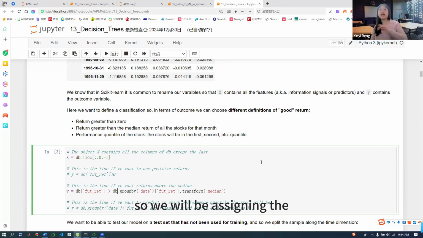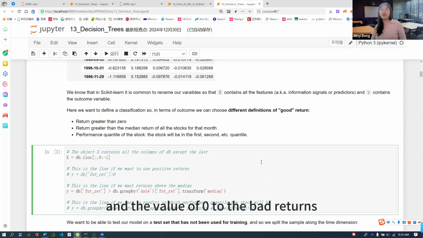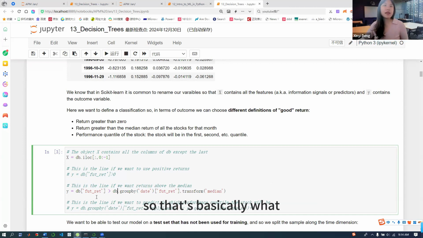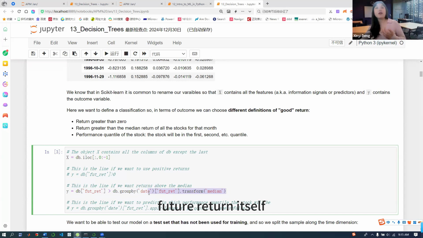So we will be assigning the value of 1 to the good returns and the value of 0 to the bad returns. That's basically what this line of code is doing here. So it's comparing the future return with the median of the future return itself.